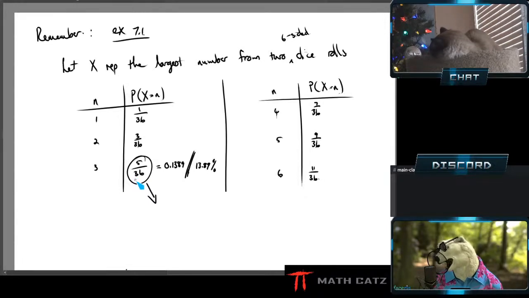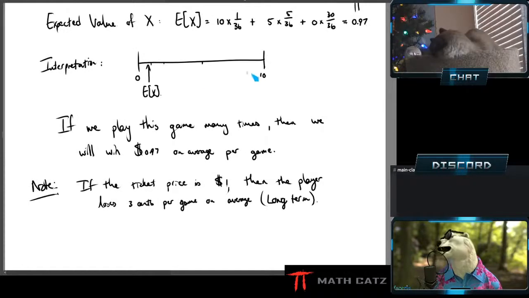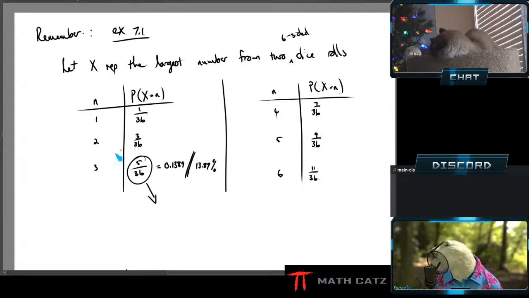Very important. It's a long-term indication of what I expect. And I can have a general expected value interpretation, which says long term, what do I expect for this experiment as a whole? Or I can focus on a single outcome or anything in between. So let's write this down.